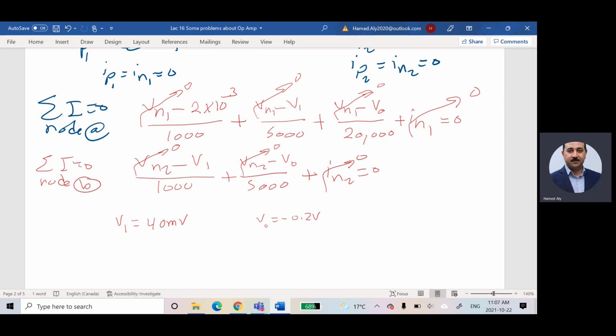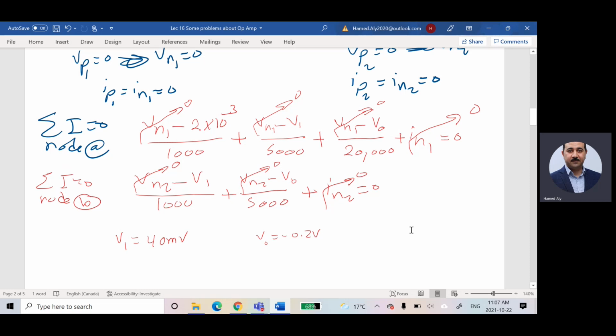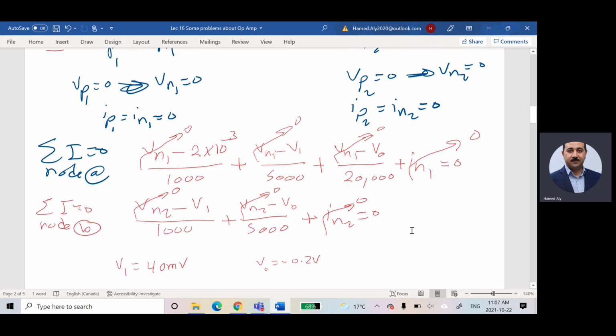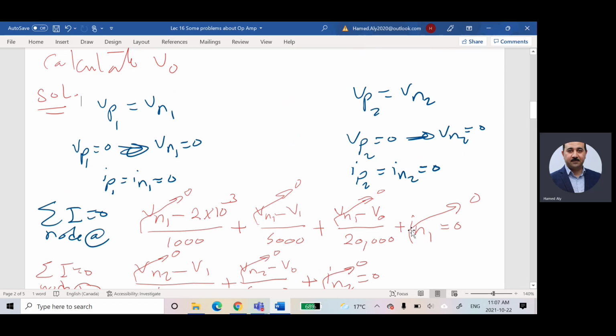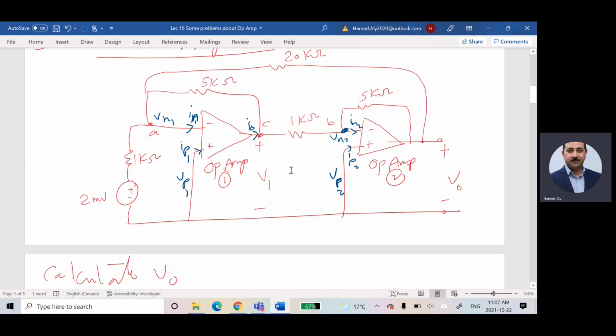Now, I have already calculated what you asked me about, which is VO, but I didn't calculate the value of IO. What is IO? Which is this current. I would like to calculate the value of IO. How to calculate it, guys? I will say summation the current for that node is equal to 0. Am I right?